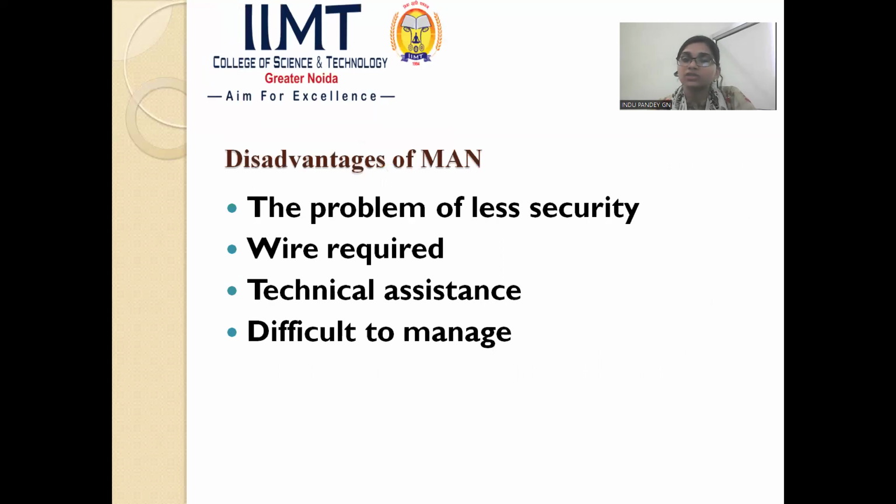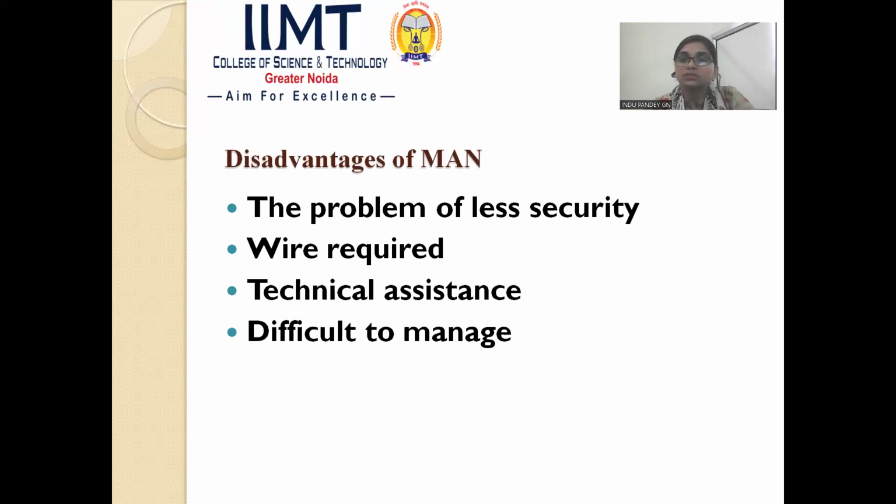Coming to the disadvantages of MAN, it has the problem of less security, as it provides less security to the user when the data is transmitted from one device to another device. Wire required: to establish any MAN connection, cables and hardware are required, which are important factors that increase the cost of establishing a MAN connection.